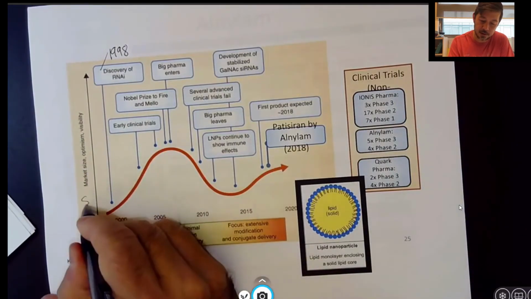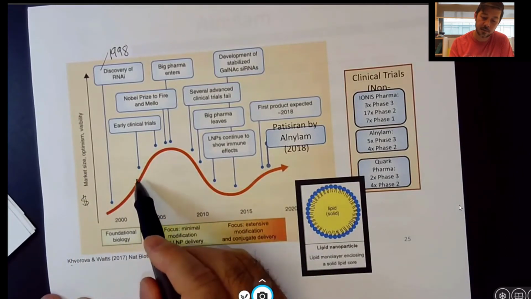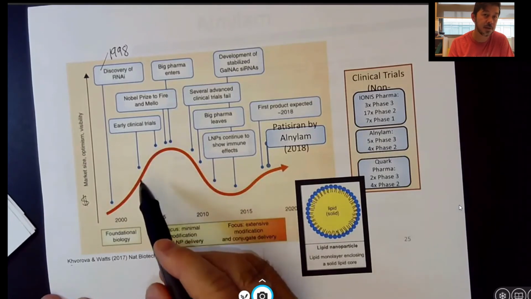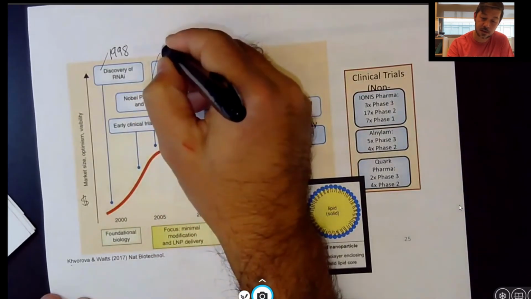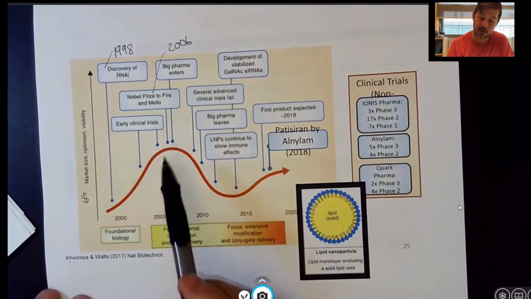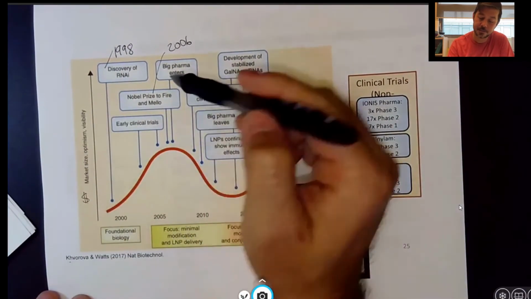I'll also include things like market investment and funding, literally skyrocketed. In 2003, 2004, there was some promising clinical trials in the field. And in 2006, only 8 years after the discovery, Fire and Mello received the Nobel Prize for the discovery of RNA interference.